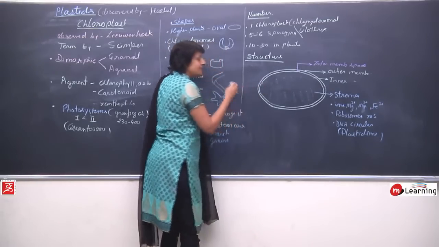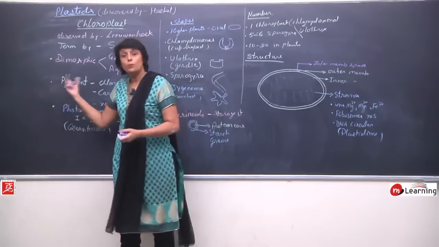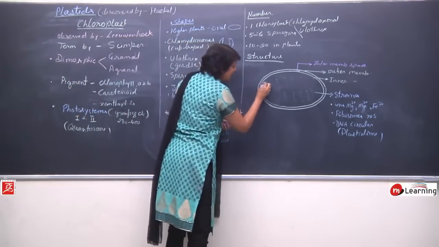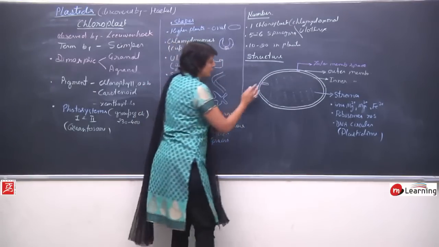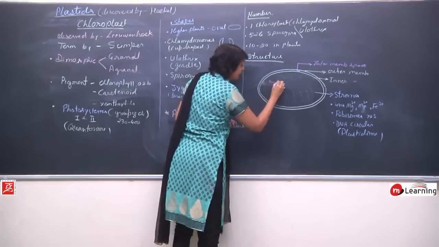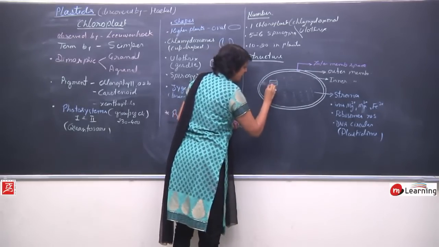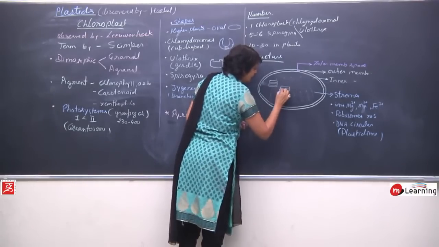When the plastid is young, when the chloroplast is being formed from the proplast, that is the precursor, then the inner membrane shows folds. These folds, they detach later on and they get arranged in the form of stacks. These stacks are known as grana.